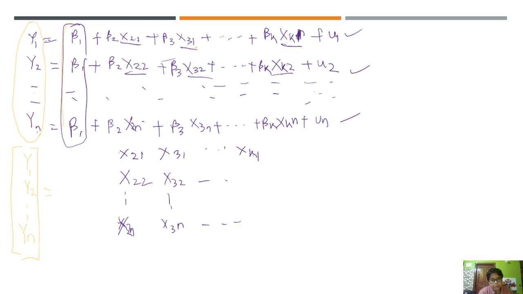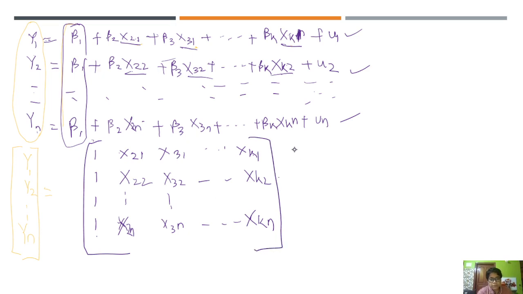And this is xk2, and this is xkn. And here you are putting the 1 as constant, because beta 1 is constant at all these points, and this will be multiplied by beta 1, beta 2 to beta k, these parameters.